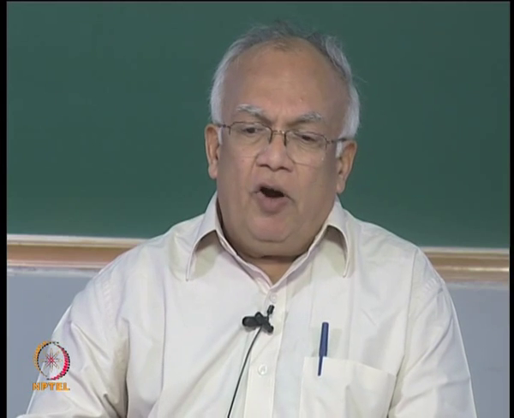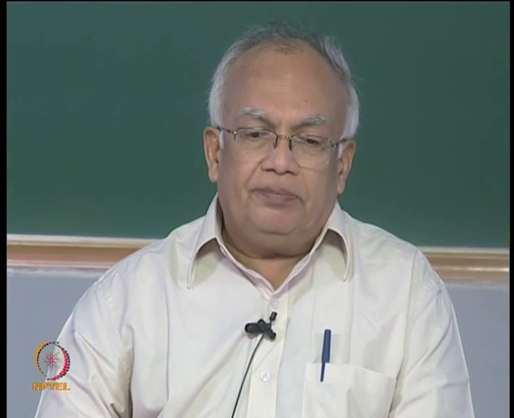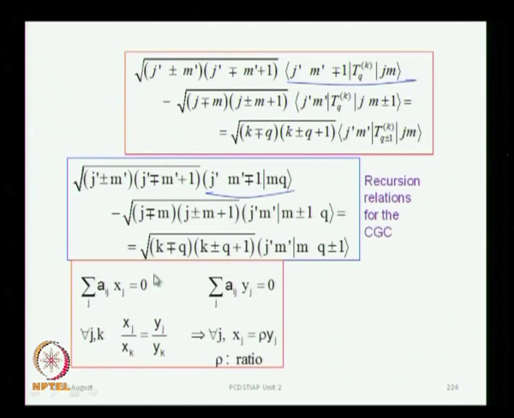What it means is that you have got a family of equations. These are linear equations, one in x and the other in y, okay, the coefficients being the same, right, because the coefficients are exactly the same. These square root terms, these are the coefficients, this one, then this one and this third one, and there are corresponding coefficients in the expression for the recursion relation for the Clebsch-Gordon coefficients.